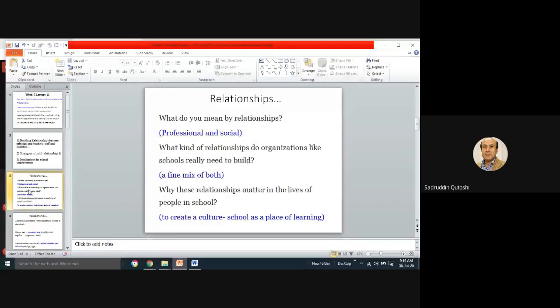is a professional type of relationship, because the principal is the leader of the school. He is the head of the school, and in the school as an organization, the principal needs to develop some sort of professional engagement, professional relationship with teachers, with other staff members, with parents, and with students.